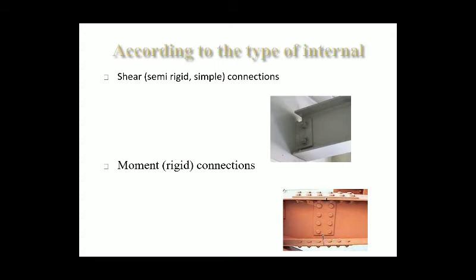There are two types of internal forces, shear and moment. If we have to resist shear, then we can use shear connections, also called simple or semi-rigid connections. And if we have to design for moment, then these connections are moment or rigid type of connection, based on the internal forces.